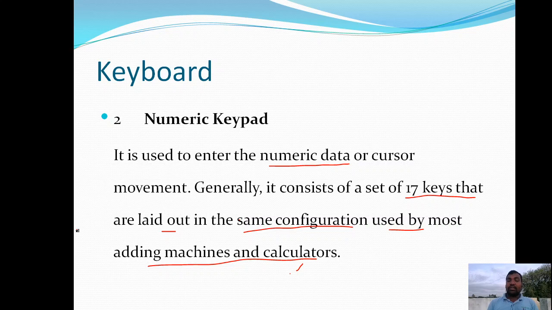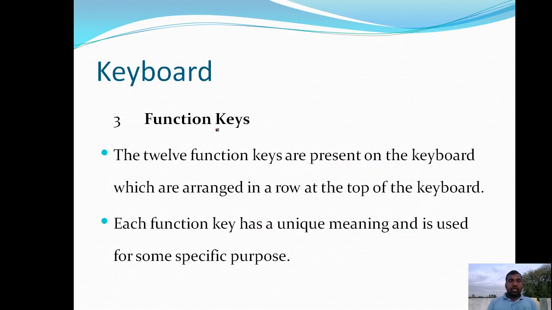So a total of 17 keys are there in the numeric keypad. With the help of this, we perform numeric input and numerical operational data as input to the computer.